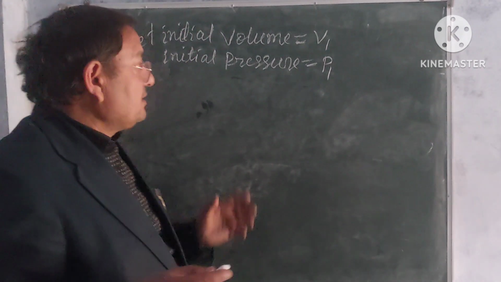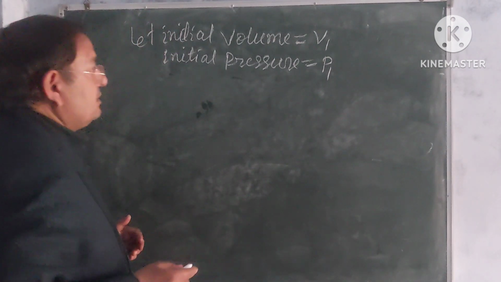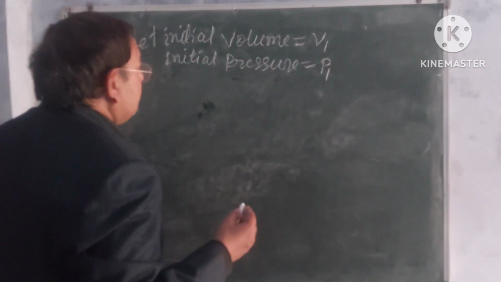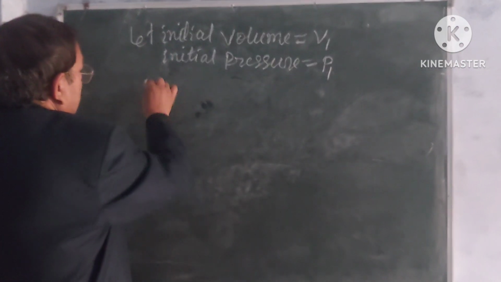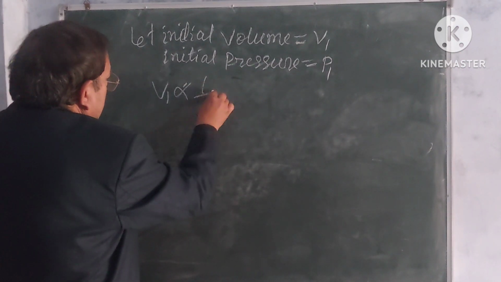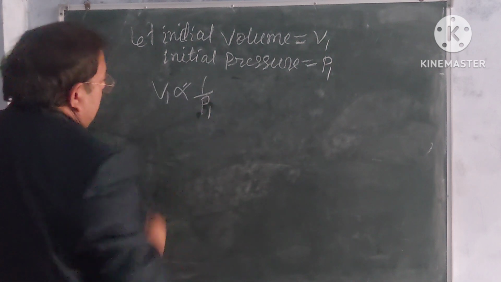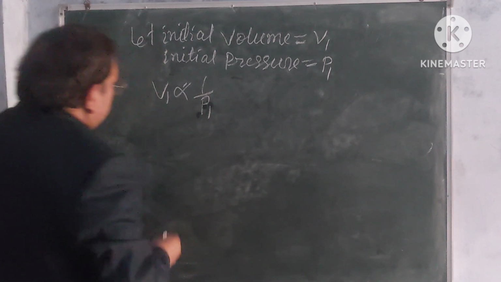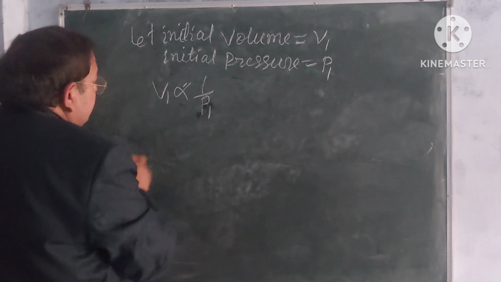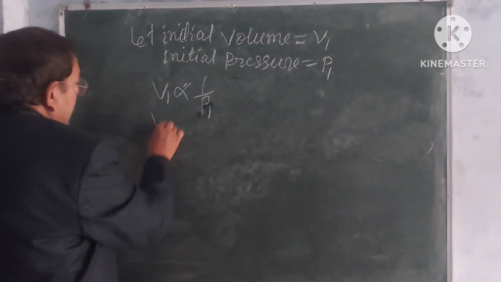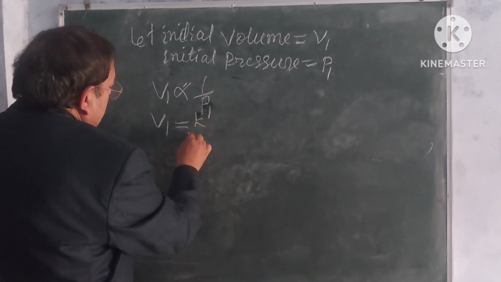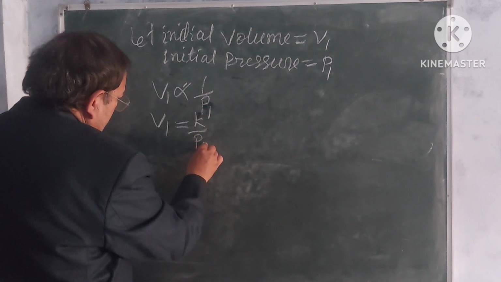Now we will write this statement in the form of a relationship. So V1 is inversely proportional to 1 by P1. Here we remove the proportionality constant, then we get V1 is equal to K by P1.